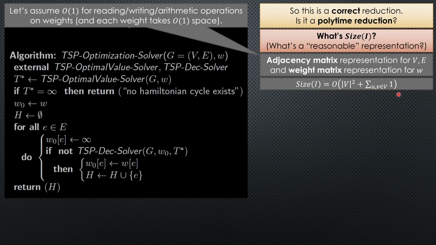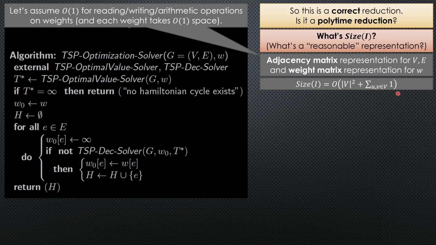Of course, you can't write down the number infinity on a real system, so you reserve some number like -1 to represent infinity. You just have to be careful: if you use a negative number like -1, you have to be careful about how you treat your infinities in comparisons and sums and things like that. But at any rate, we should be able to write down any weight in O(1) space.